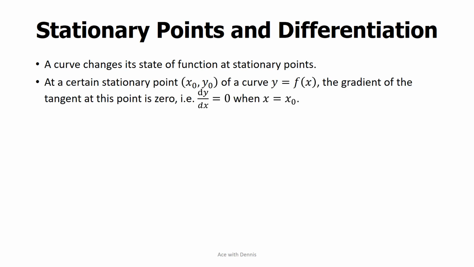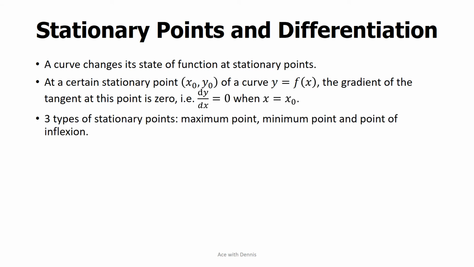At a certain stationary point, let's say with coordinates x0 and y0 on a curve y equals f(x), the gradient of the tangent at this point is 0. That is, dy over dx is equal to 0 when x equals x0. There are 3 types of stationary points that you will get: maximum point, minimum point, and point of inflection.